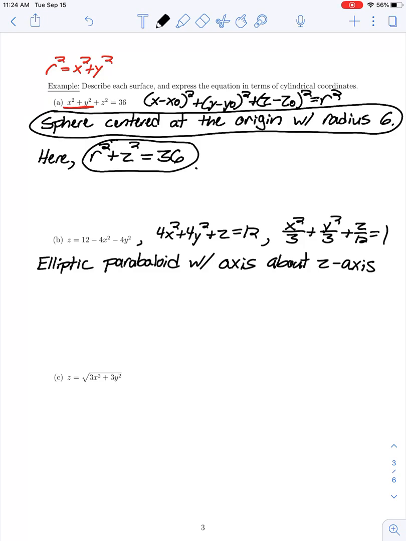We can even kind of visualize this. So thinking about traces of this surface, we see that if x and y are both 0, then z is 12. So let's see if we can sketch this as well.